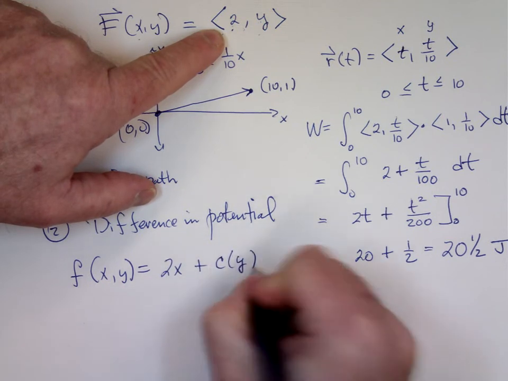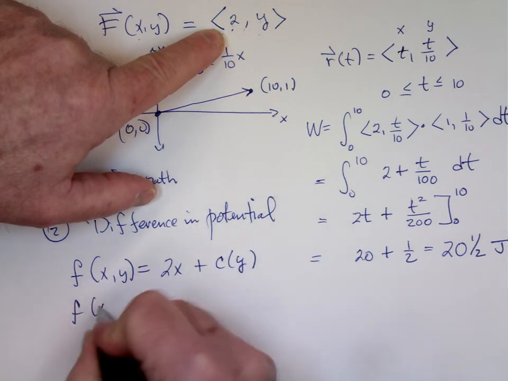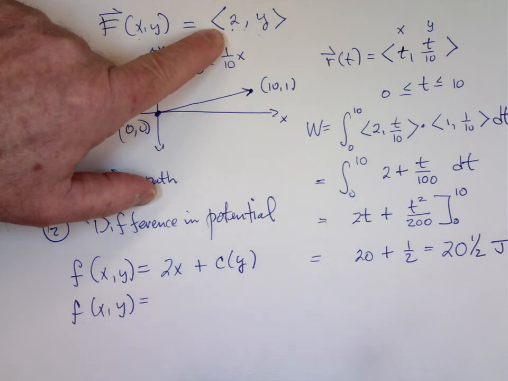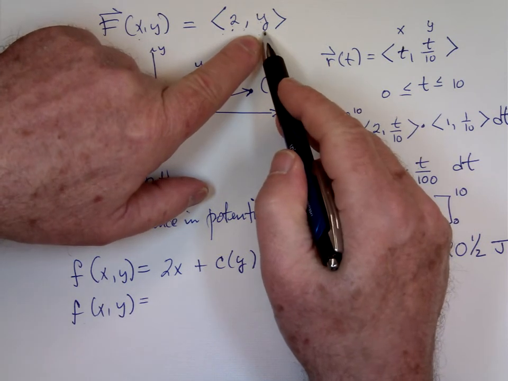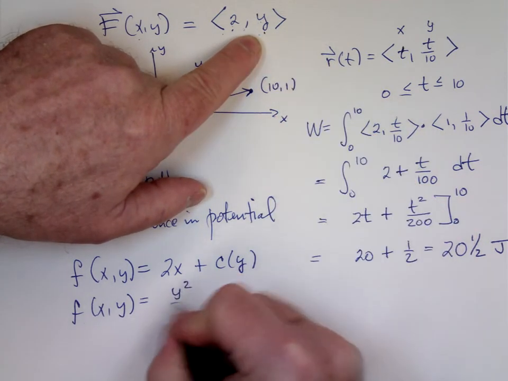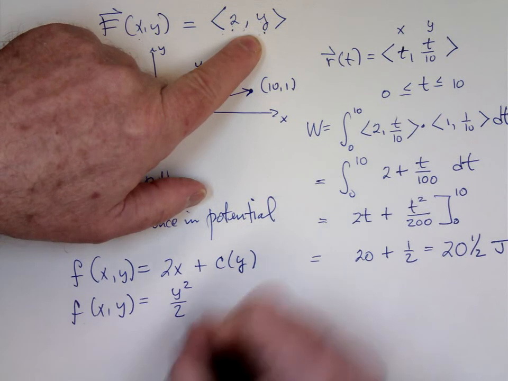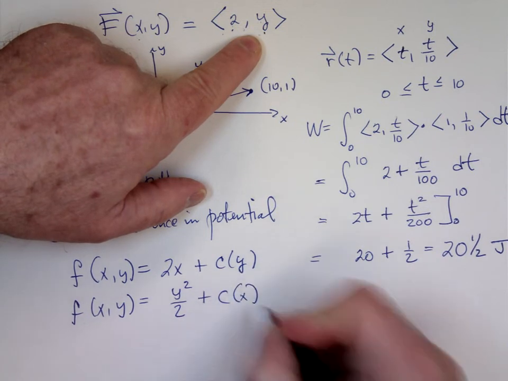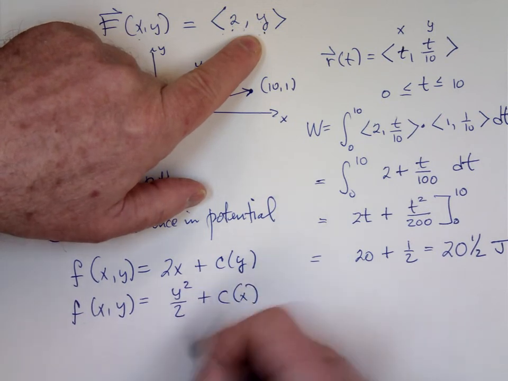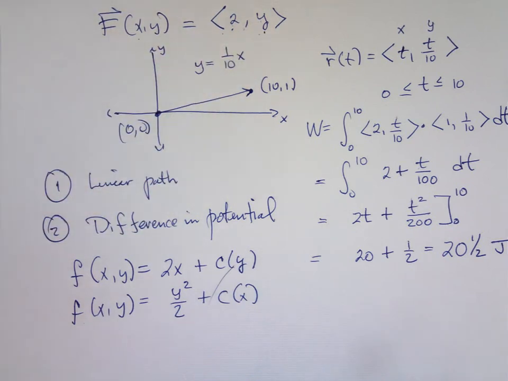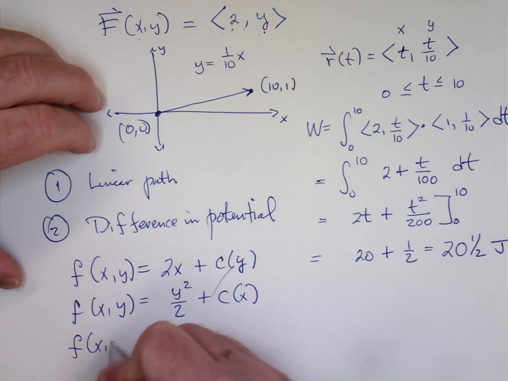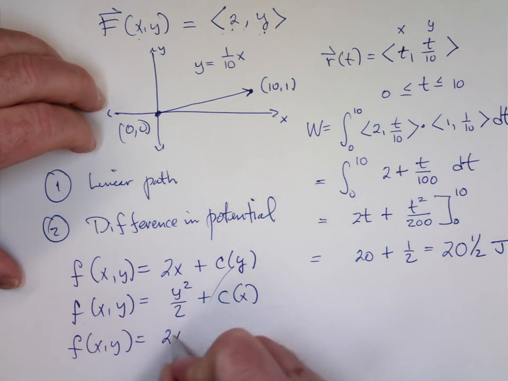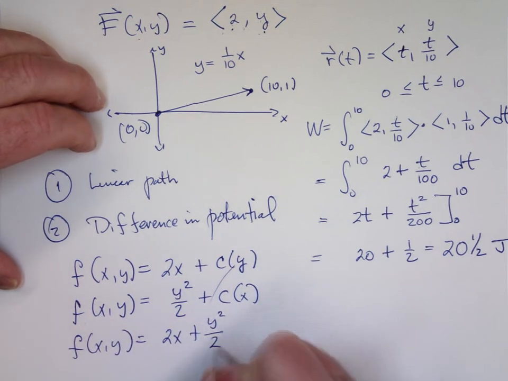How else can we express our potential function? Well, integrate the y component with respect to y to get y squared over 2 plus a constant in terms of x. We have to reconcile the two and come up with one function that satisfies both requirements. That function is 2x plus y squared over 2. It has all the requirements.